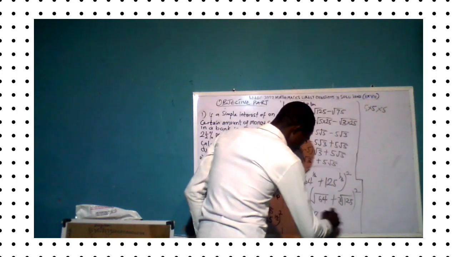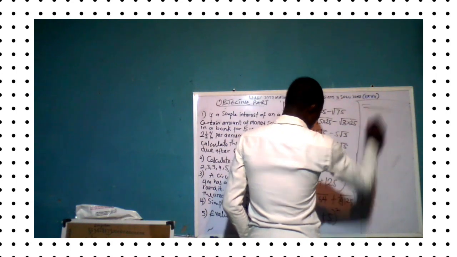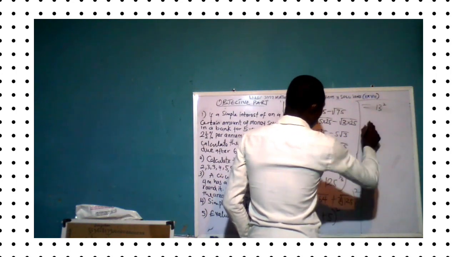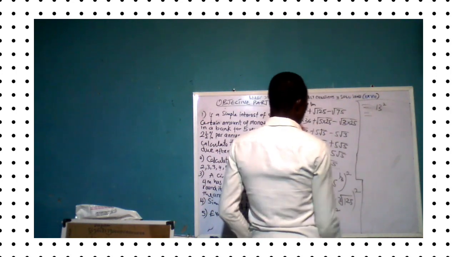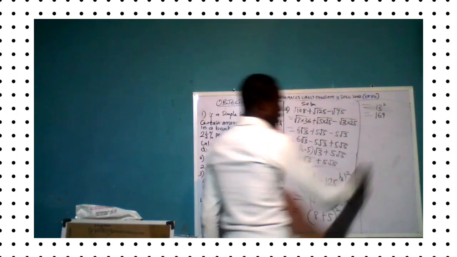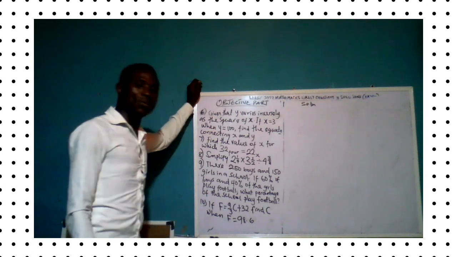So you have 8 plus 5, everything raised to the power 2. Then you have 13 raised to power 2, which will give you 169. You will actually find this in the options if you come across this question. Now let's take question number 6.